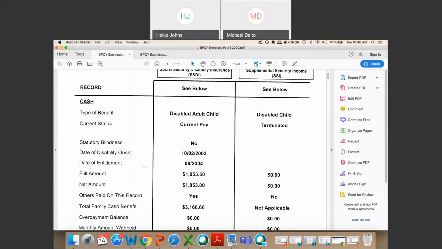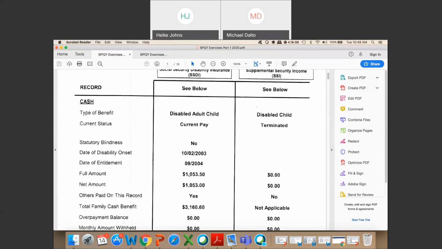Now, the date of entitlement was September 2004. This tells us that although the person was disabled enough to get benefits almost a year earlier, they didn't meet all factors of entitlement, so they didn't start getting the benefit until September 2004.